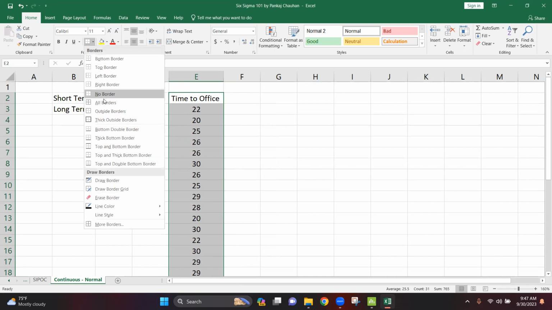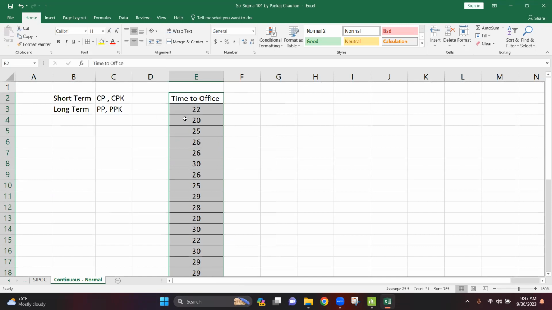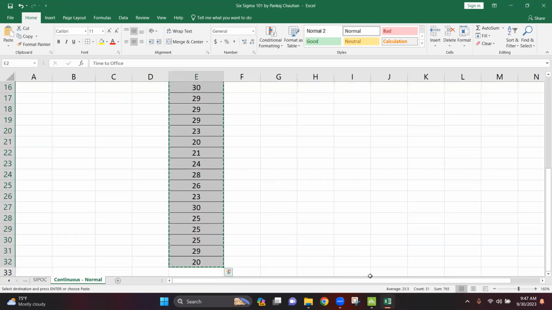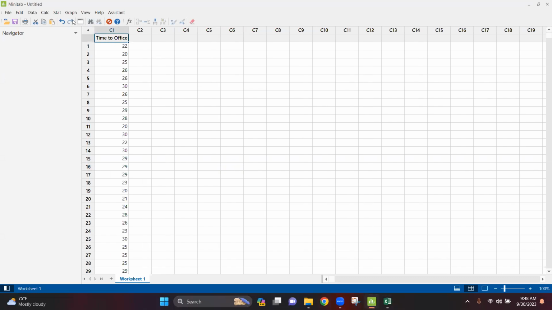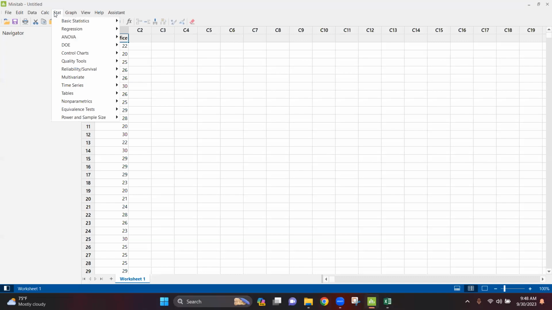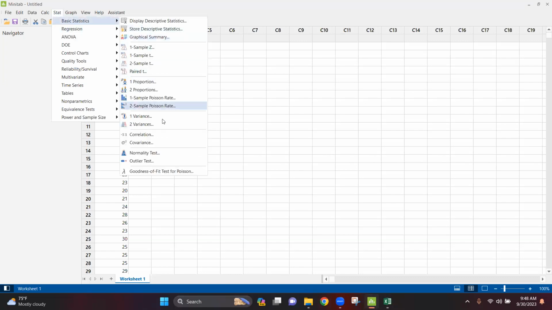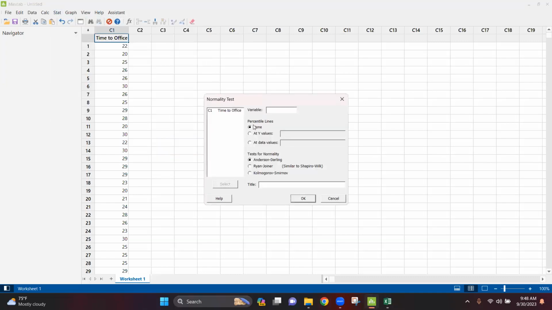First, we have to check whether this data is normally distributed or not. I select this, paste it in Minitab, and check the normality with the Anderson-Darling test: Stat, Basic Statistics, Normality Test.